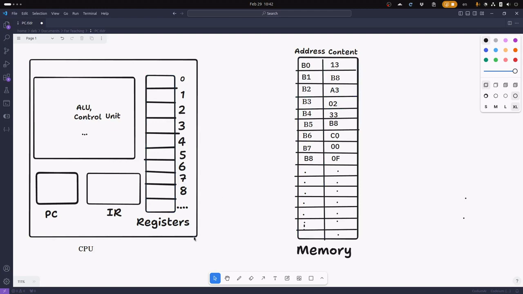In our CPU there are generally two kinds of registers: special purpose registers, this one and this one, and general purpose registers.